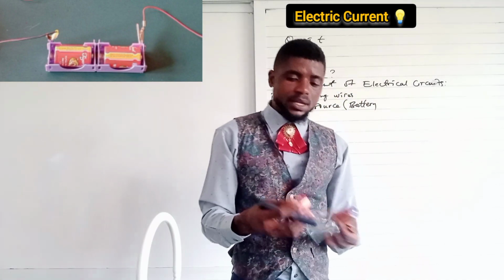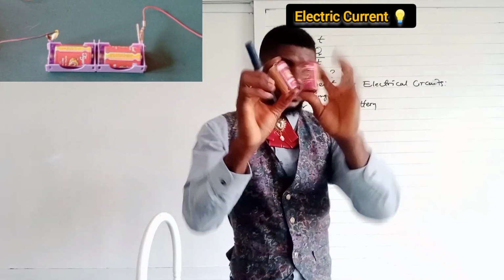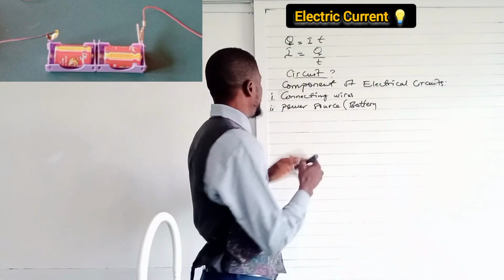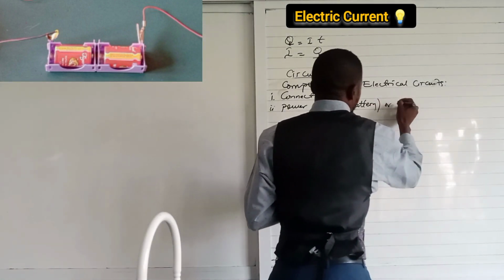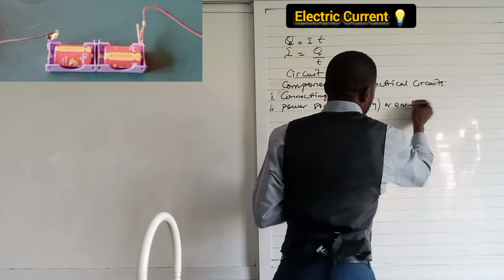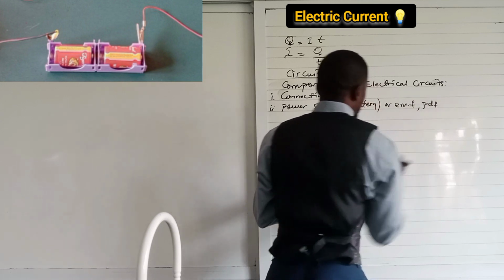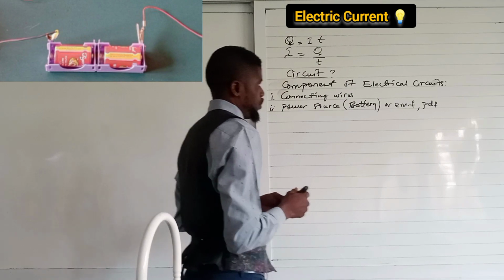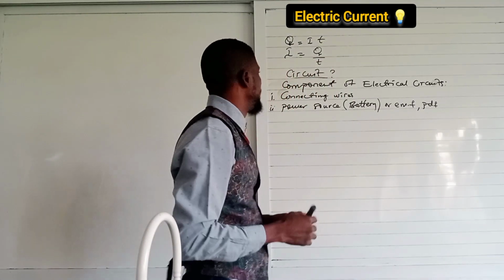So a battery is a combination of two or more cells. So we have the power source, also known as the battery. We also call it the EMF or the PD, potential difference.